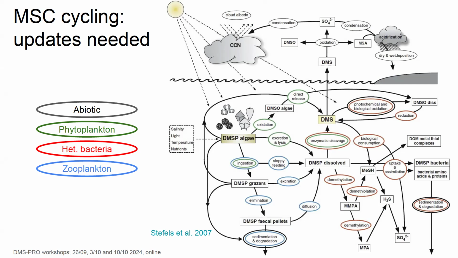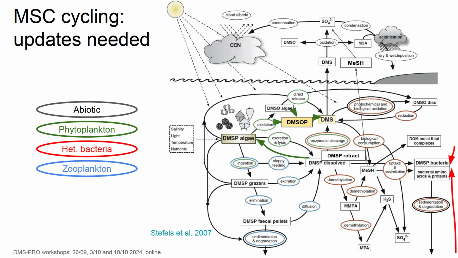And since then, there have been many discoveries concerning new pathways, new compounds, or unexpected activities of some organisms in the plankton. So we know this needs an update, and this is one reason for our group to exist: updating the scheme and providing some quantitative understanding for these rates and the capacity to measure all of them in the most standardized way we can.